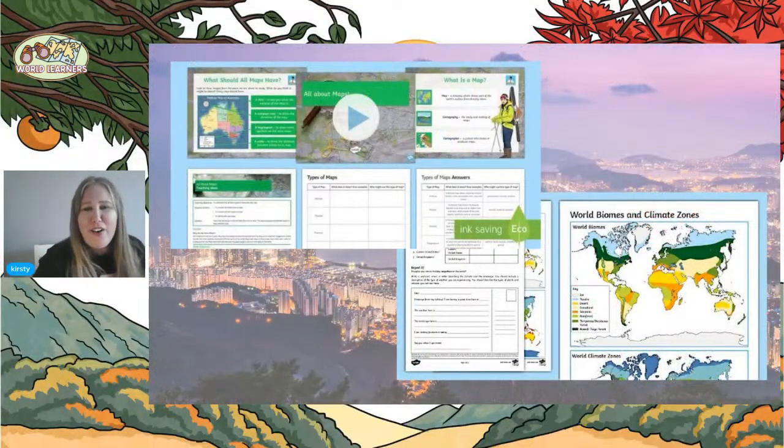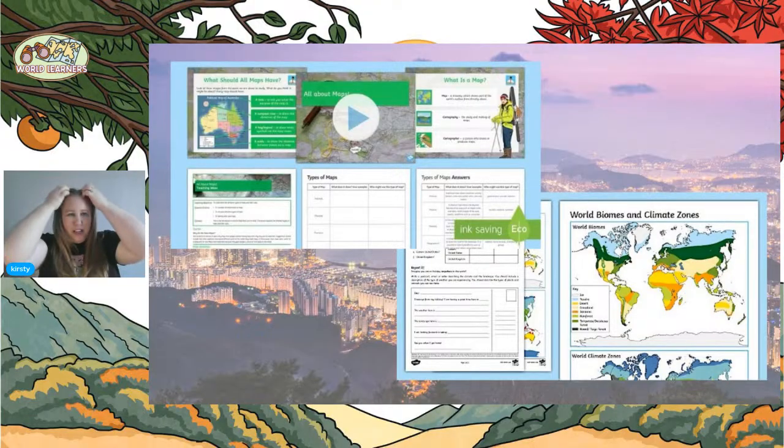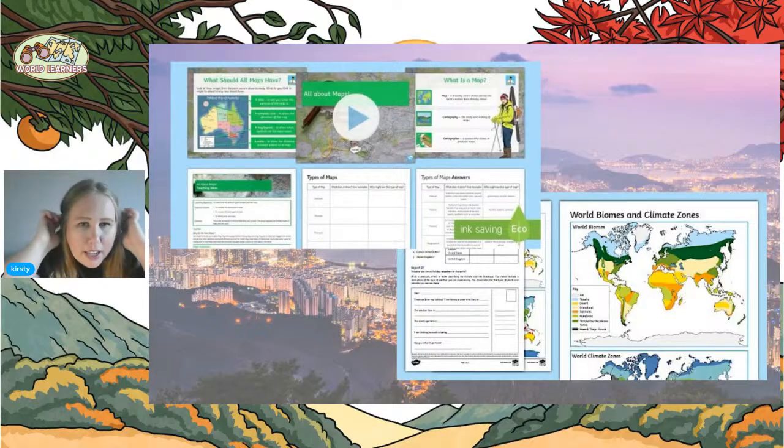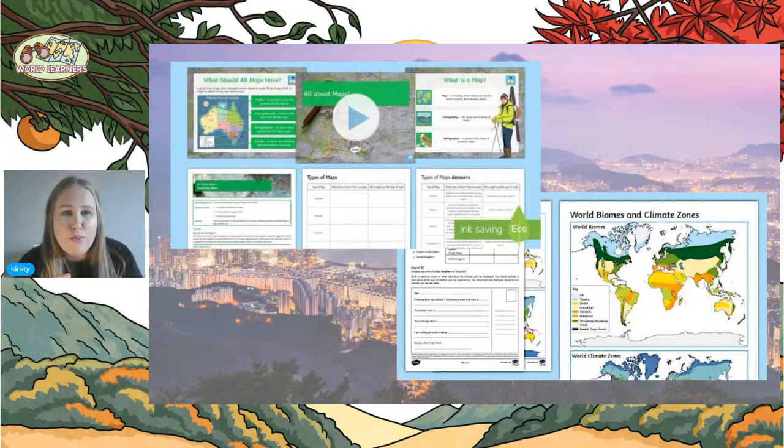That was brilliant. Right, shall we round up then by having a quick look at the resources we're sharing for this week so you can carry on this learning. Remember, that's the point of our live lessons, to give you that little start, and then you can go and explore it some more. We've left lots of things here for you to keep busy with and to find out more.